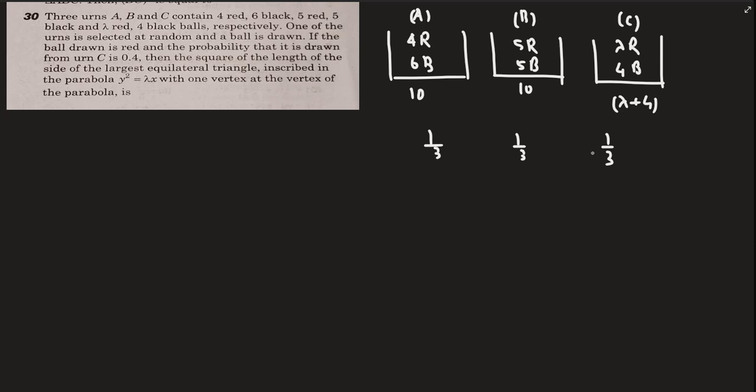If one ball is drawn and the drawn ball is red, first of all, what is the probability of drawing the red ball? We choose bag one and from bag one we get the red ball. We choose the second and from the second we get the red ball.